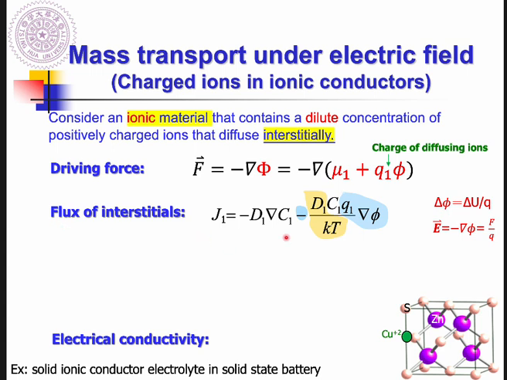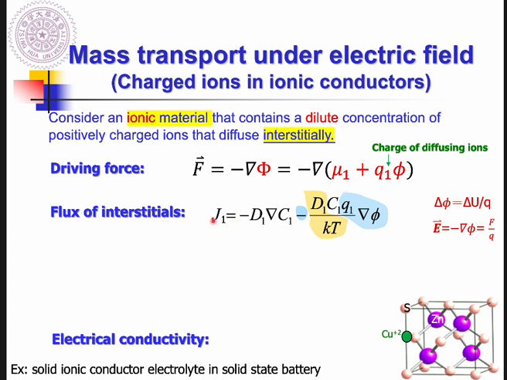So now I have written down the atomic flux for this copper ion, which serves as an interstitial. It is driven by the chemical potential gradient and also the electrical potential gradient. For the electrical term, we use the mobility, concentration, and driving force. So now I know the flux of interstitials.